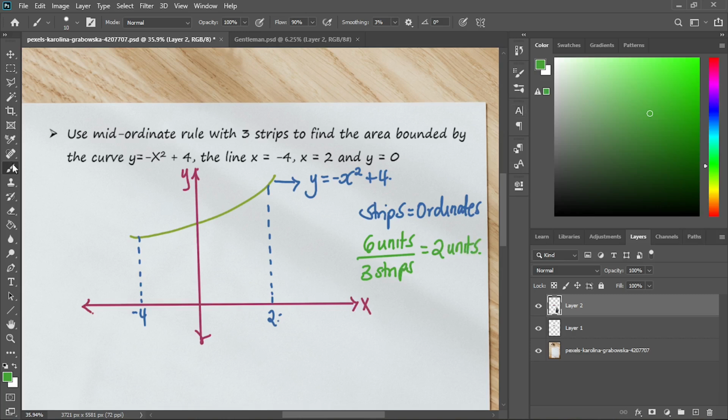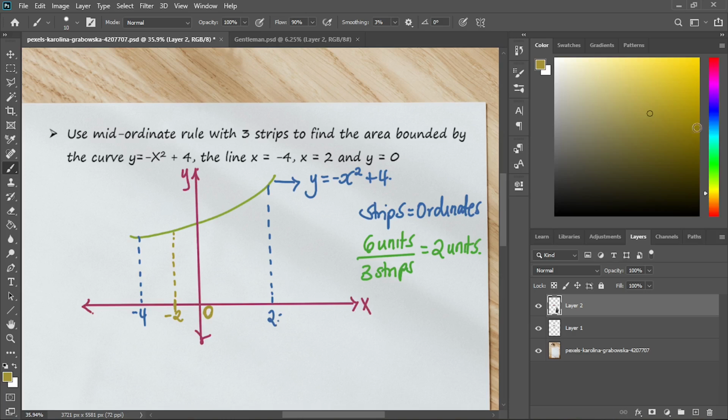So what this means is that the first strip will start from negative 4. It will go 2 units up to negative 2, then from negative 2 we have another 2 units to 0, and then from 0 we'll have another 2 units to 2.